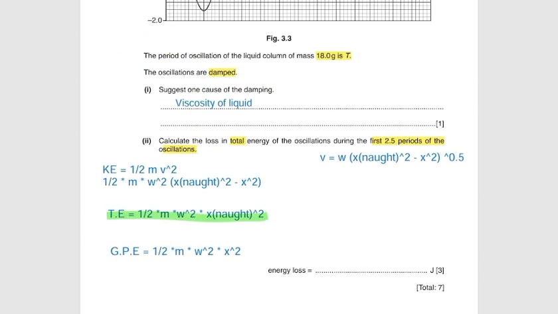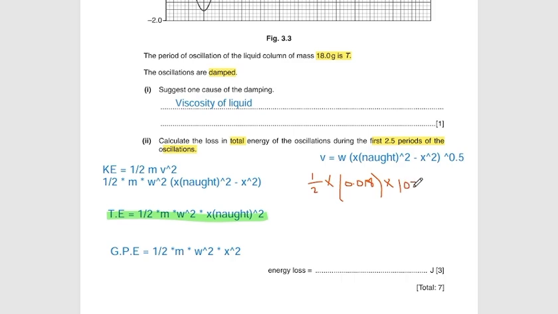So what I'll do is 1 by 2 into m, which is 18 gram, and I'll write 18 into 10 raised to minus 3, which is 0.018, m into omega square, which we found above, that was around 103.